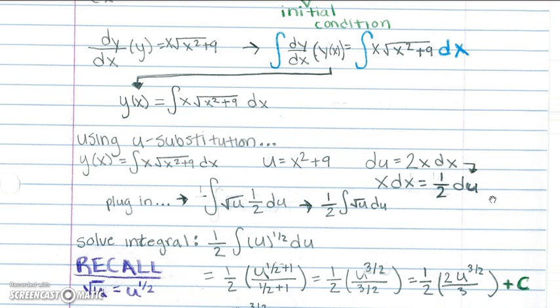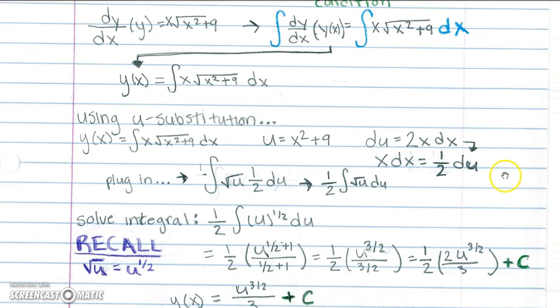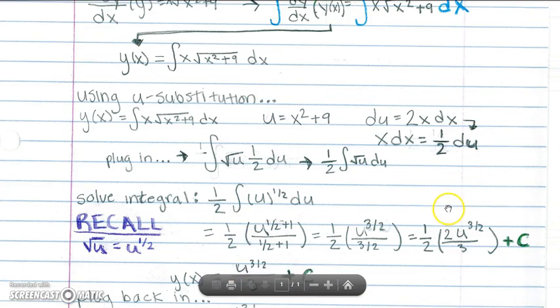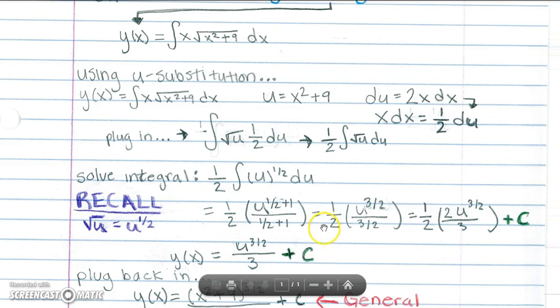As we learned earlier in our notes and from classes before, the square root of u is the same thing as u to the 1/2. It makes it easier when solving antiderivatives to know how that works because of how you add the power plus 1. So what you have here is 1/2 times u to the 1/2 plus 1 over 1/2 plus 1.